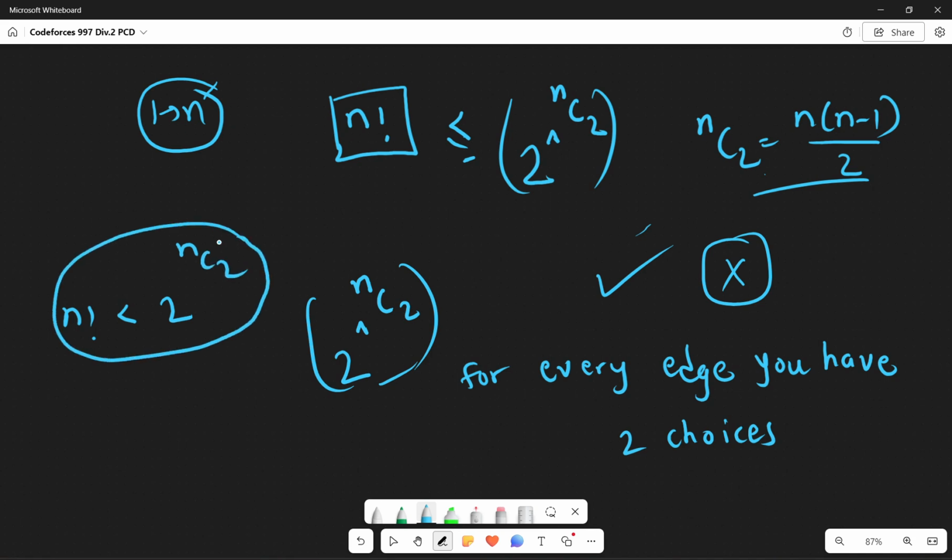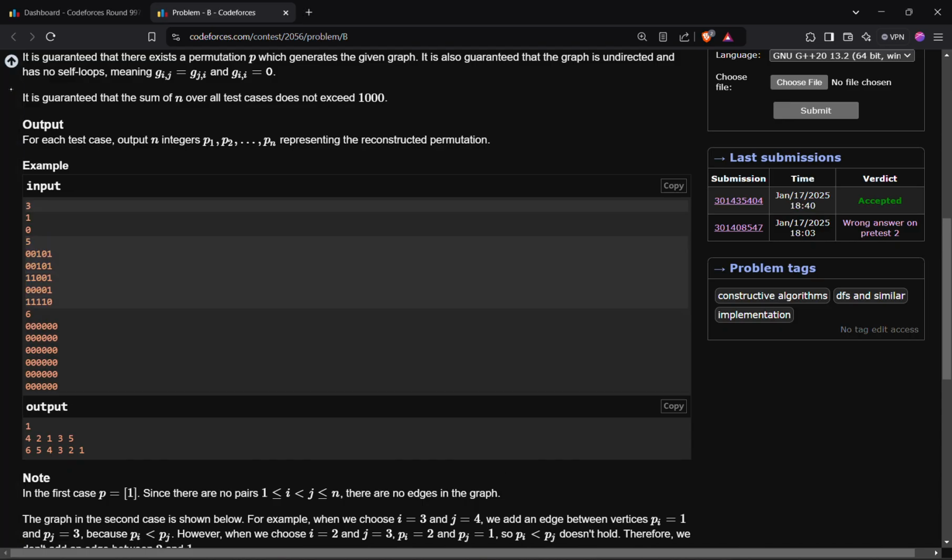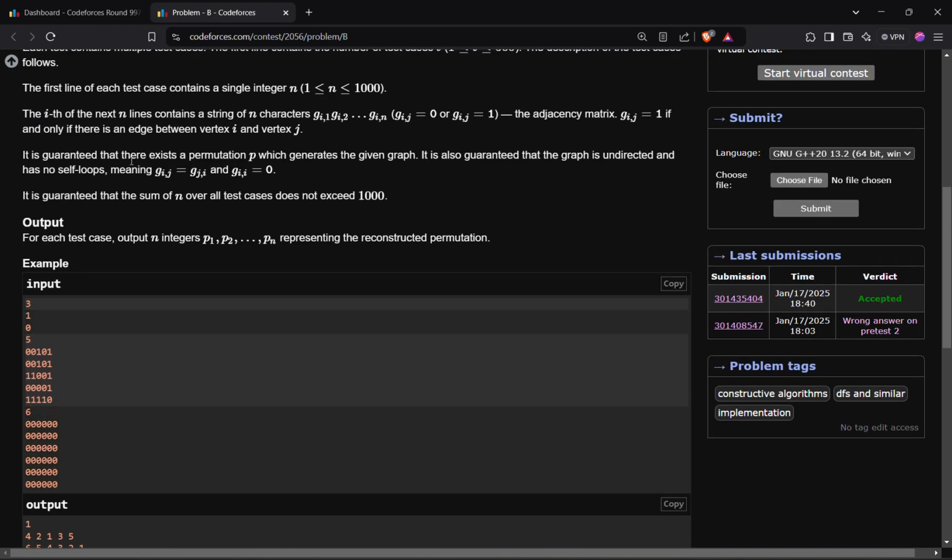So what we noticed here is that for many graphs there doesn't exist any permutation, but in the question they have given that it is guaranteed that there exists a permutation p which generates the given graph.